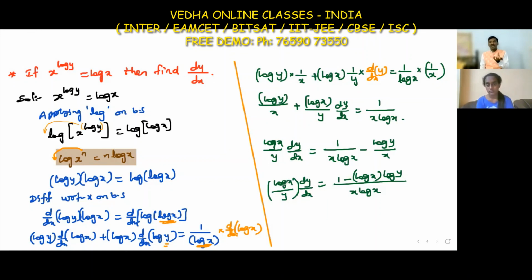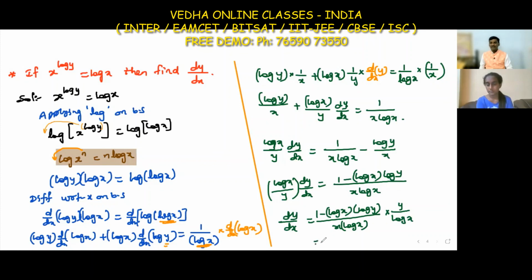Here it is multiplying, so if you take it to that side it divides, so write it as the reciprocal. dy by dx equals 1 minus log x into log y whole divided by x log x, and log x by y, if you take it to that side, becomes y divided by log x.